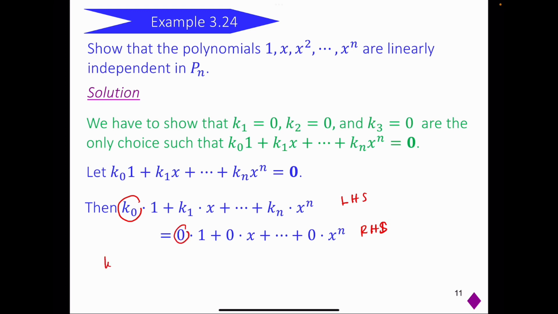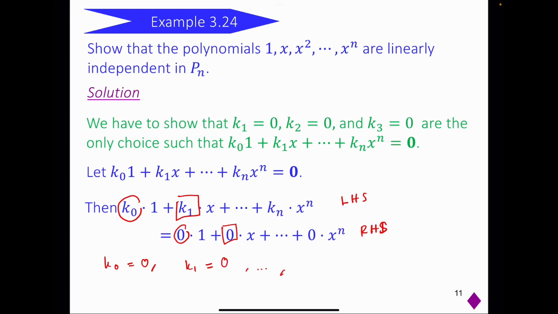That's why we have K0 equal to 0. And then again on the left hand side, the coefficient of x is K1, and the coefficient of x on the right hand side is 0. That's why we have K1 equal to 0.